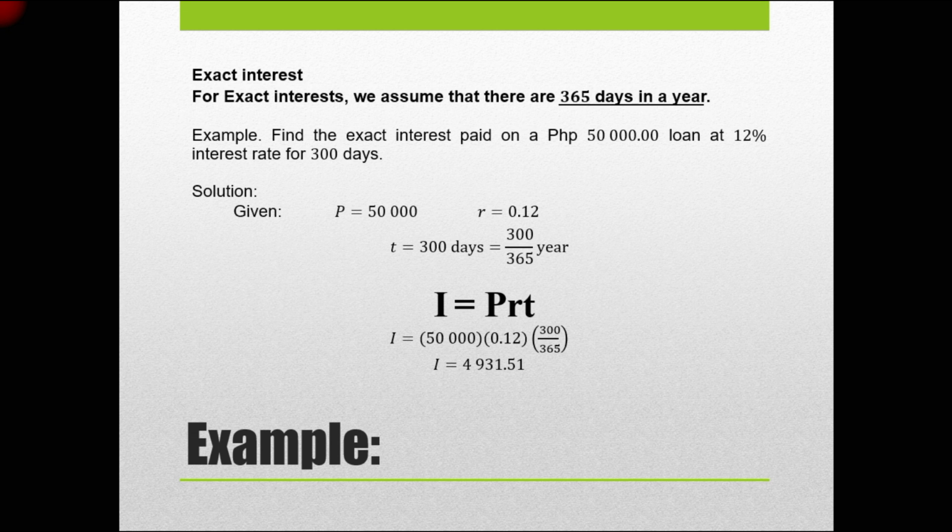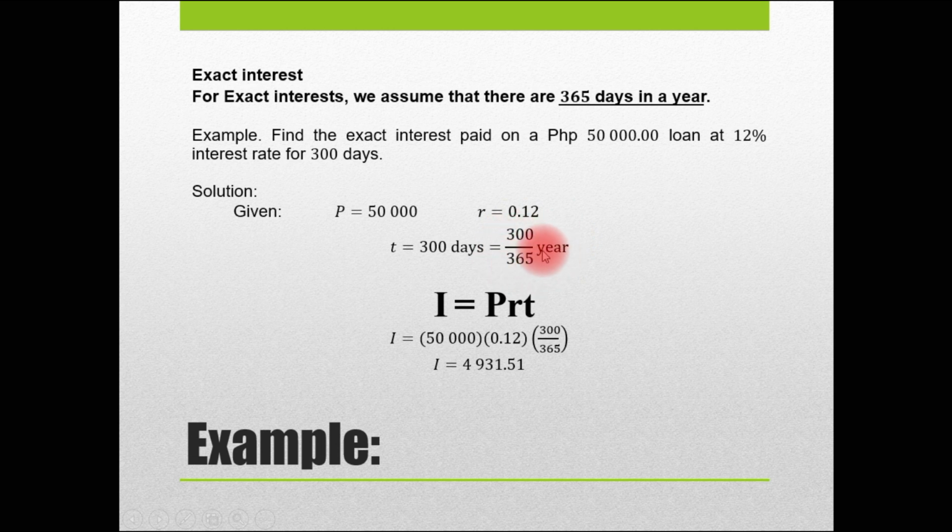Okay. Solution, first thing to do is to find the givens. Okay. Principal is 50,000. The rate is 0.12 or 12%. And the time is 300 days. And to express that in year, since exact interest, over 365 ang gagawin natin. Okay, so that's 300 over 365 years.